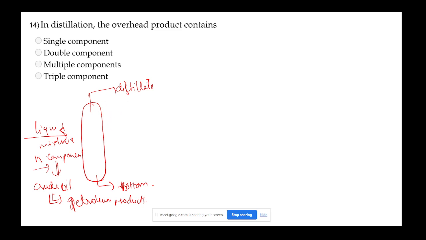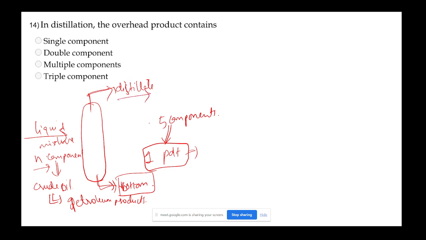So based on what type of product you want to get from the distillation column, say for example you just want one product out of a liquid feed mixture which has 5 components. You want to separate one product which has the highest boiling point, so that will be obtained from the bottom, and all the rest of the components will be obtained as distillate.